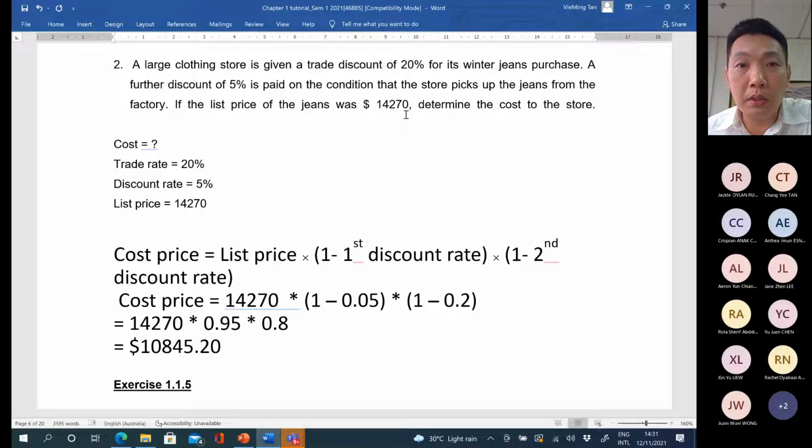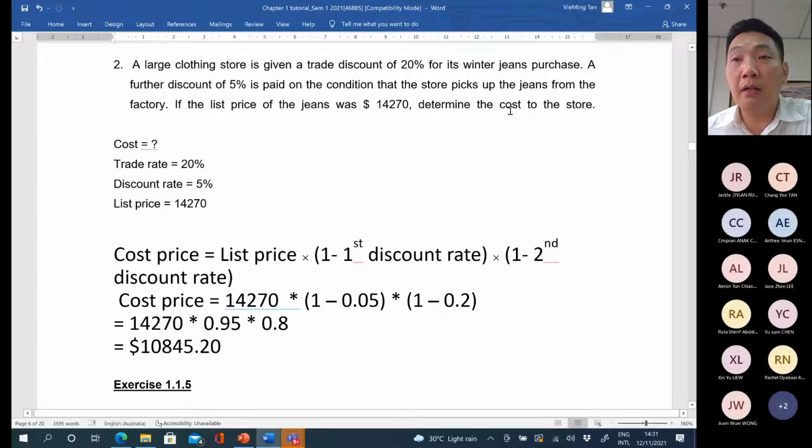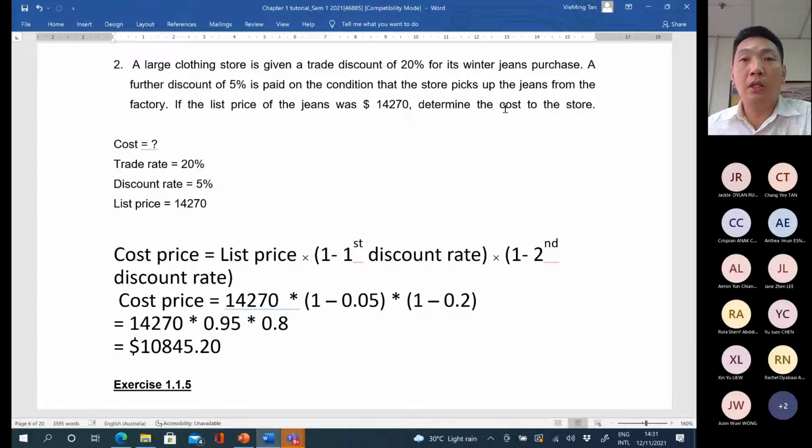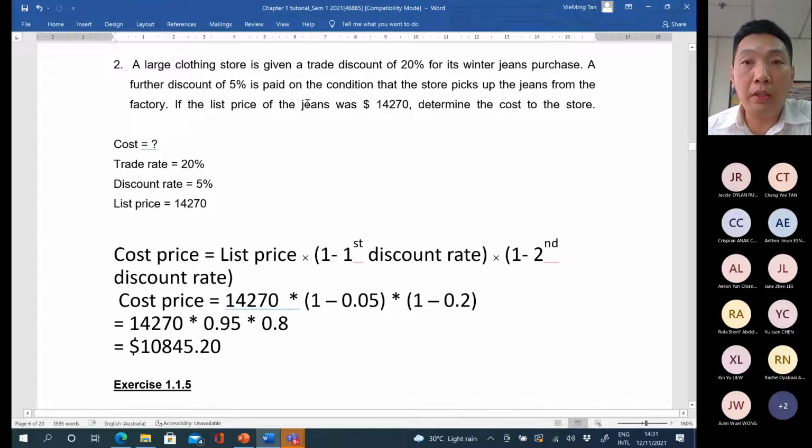I think this question should be determining how much must be paid by the retailer as the cost. So this is calculating the cost price, or the net price, for a retailer. If the retailer would like to purchase the jeans from this wholesaler, how much must be paid, if the list price of the jeans was 14270? That is the meaning.